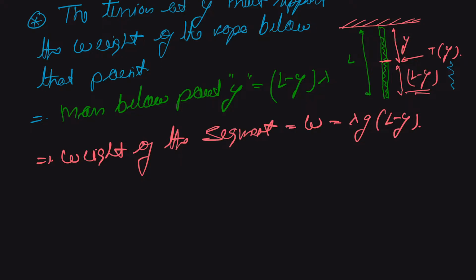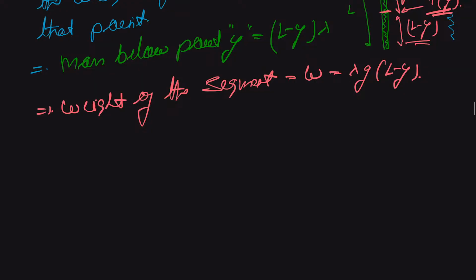And like I said, this weight is to be supported by the tension at that point, and the tension at that point is given as T of y. Therefore we can say that our T of y will be equal to lambda g times L minus y, and this is what we calculated.